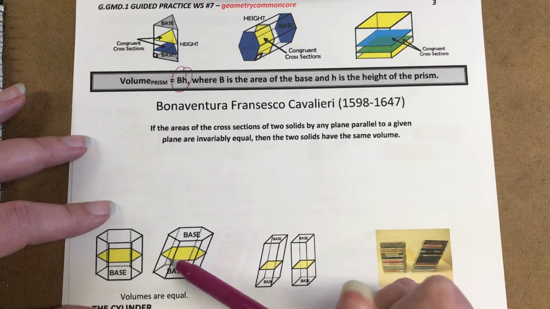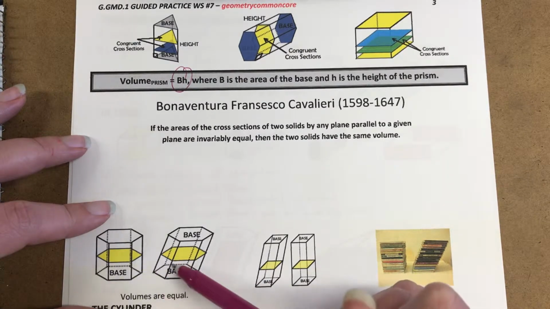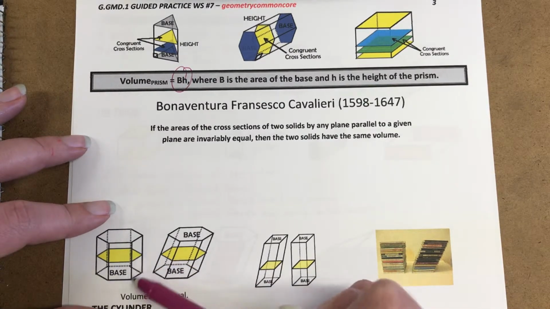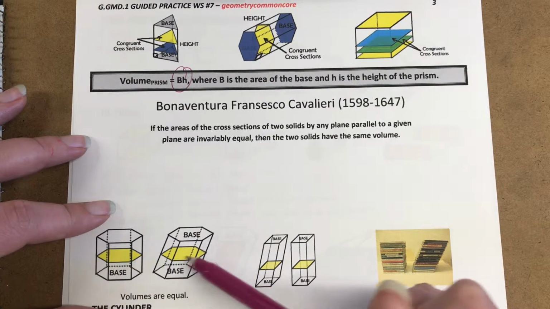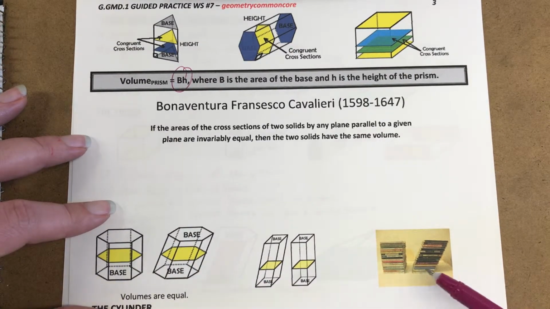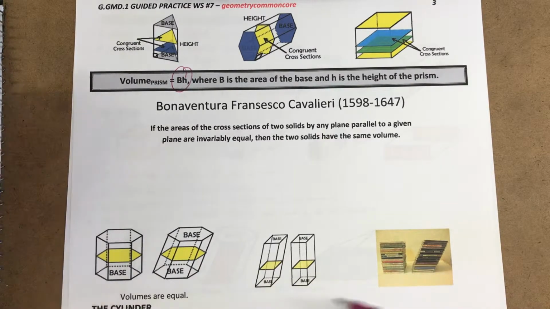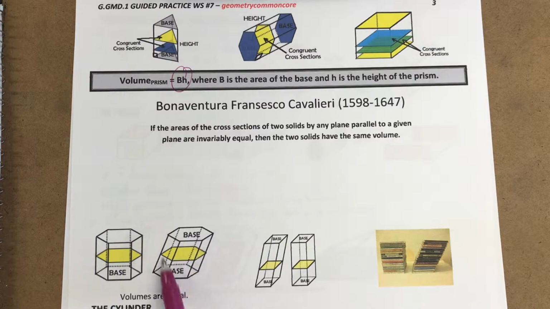So it doesn't matter if they are perpendicular or if they're slanted like this for our oblique prism. As long as each of the cross sections are the same as the cross sections here, I can find the volume. So that is what allows us to find the volume of oblique shapes instead of right prisms.